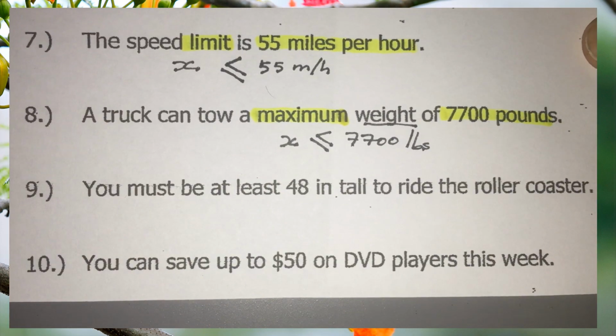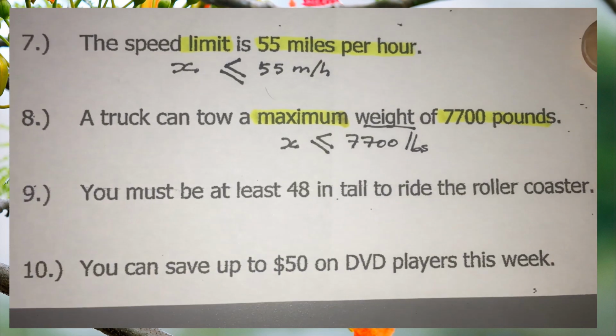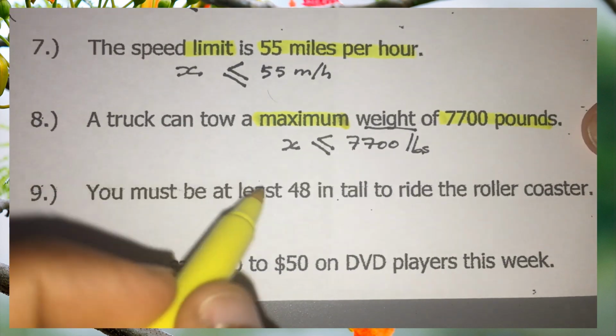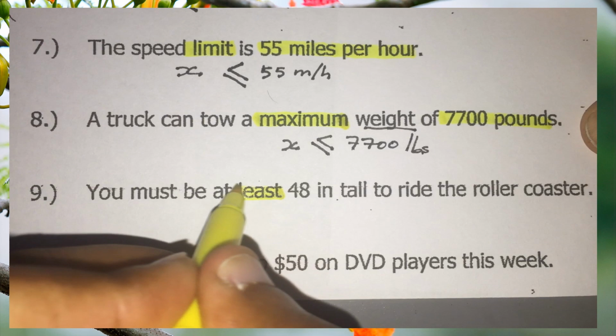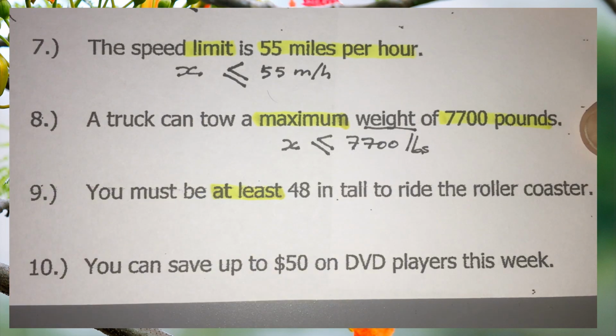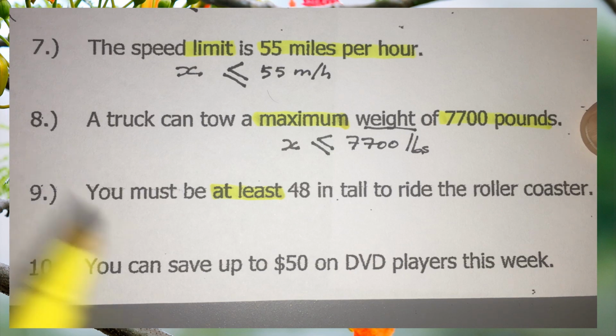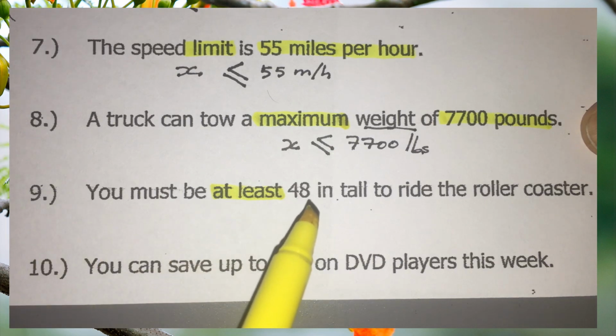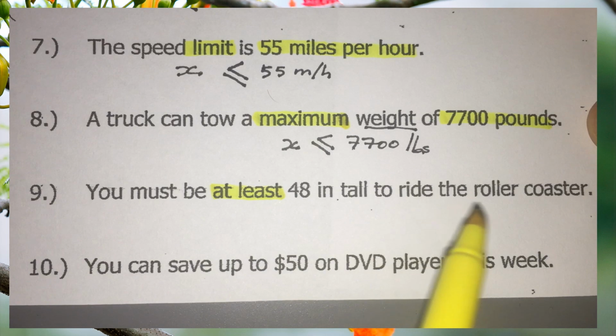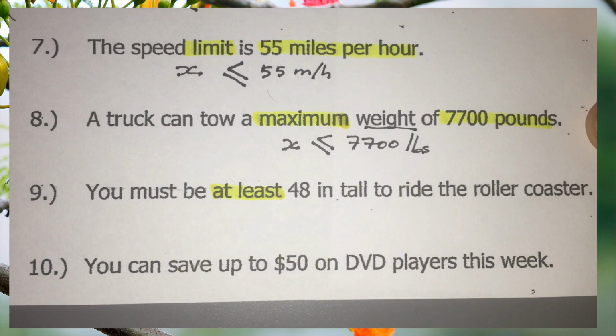You must be at least... these keywords are jumping out. At least. Notice that I'm highlighting them. So at least means the lowest it can ever go. You must be at least 48 inches tall to ride the roller coaster. It makes sense, because if you're shorter than that, something can happen to you.